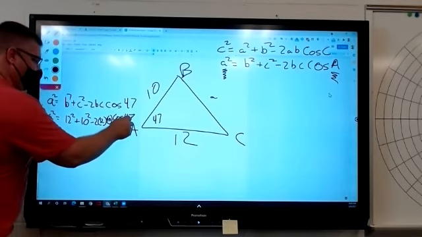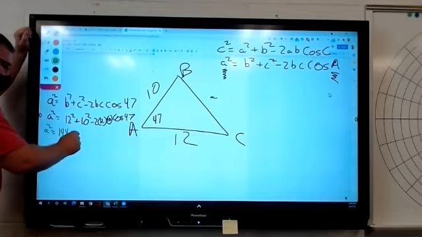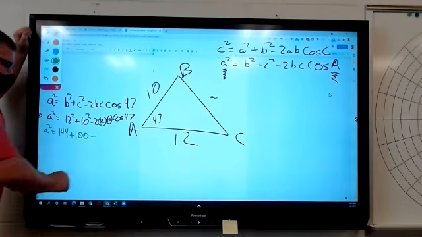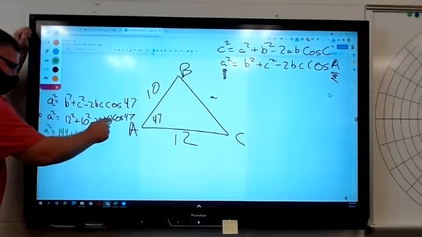Okay, 144 plus, minus 24 times 10, 240 cosine 47. Does everybody agree with that? What do I do next? Combine like terms. So I got 244 minus 240 cosine 47.